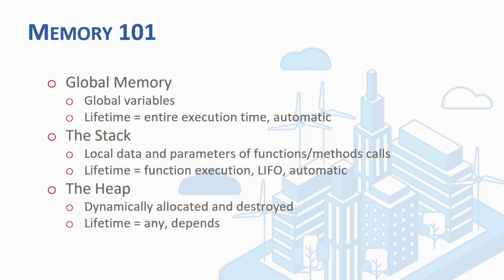You can have objects that you reference from global memory, so the lifetime is basically the entire execution of the program, almost. And again, there can be local data that refers to an object that's created and destroyed within the function call, and so in that case, the lifetime is extremely short.